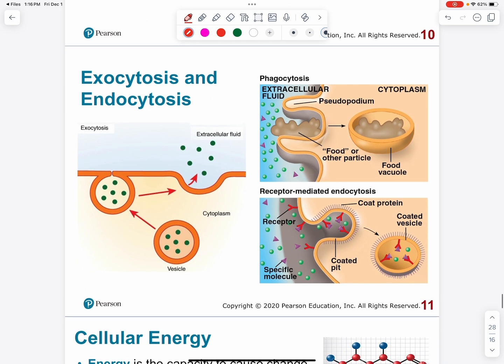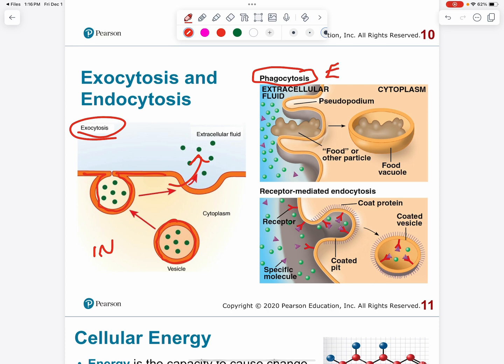Here's the picture. This is the inside of the cell, and it wants to get rid of this vesicle. This is the phospholipid bilayer that is going to fuse with the cell's membrane so that the contents get spilled out. That's exocytosis. Here we have endocytosis, bringing in large quantities of food.